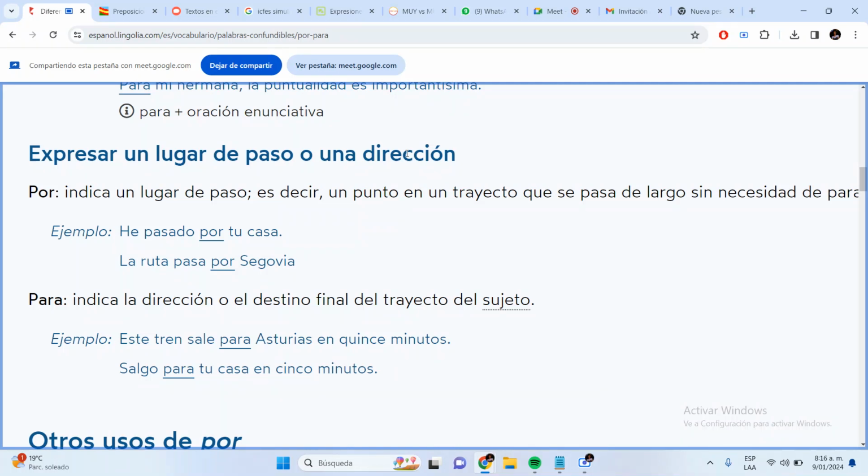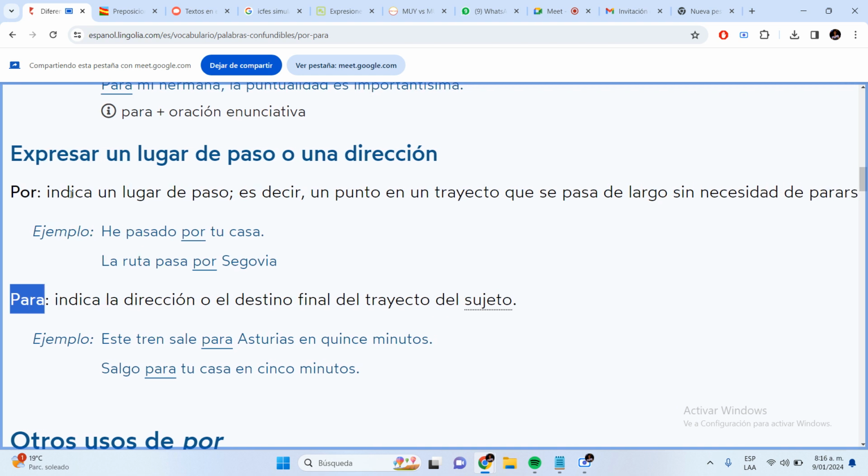And for that route, I'm going to go from point A to point B. And in that route, I can use either por or para. The difference is that I'm going to use por if I'm talking about what is in the middle of that route, and I'm not going to stop there.